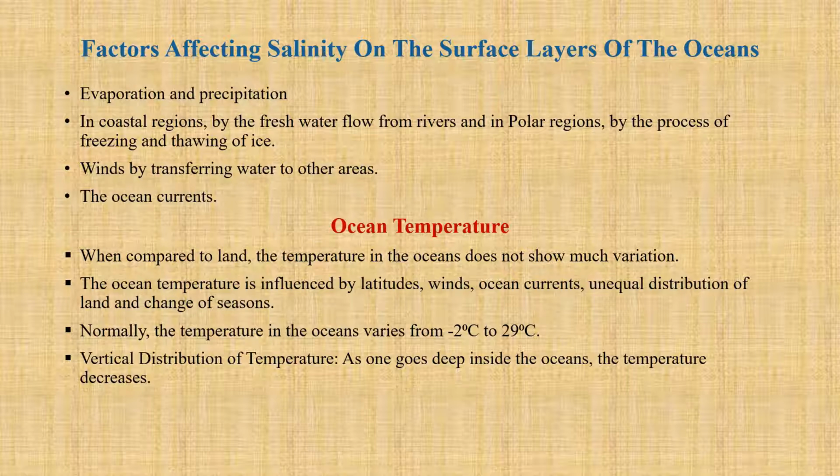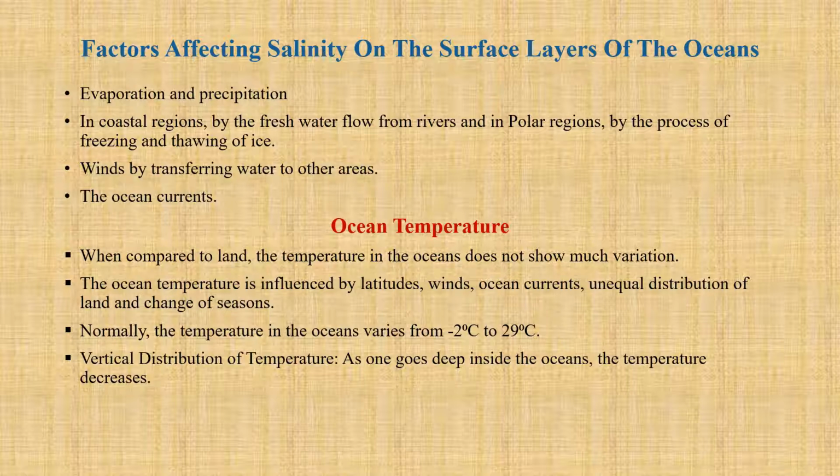In the polar regions also we find less salinity of water because there are ice and freezing points. Winds also affect salinity by transferring water to other areas, and so do the ocean currents.